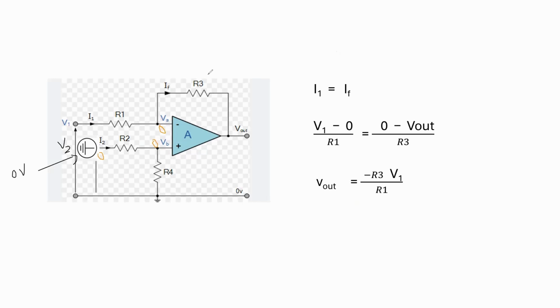As well, the voltage difference across R3 is 0 minus Vout, divided by R3. Then R3 moves to this side with a minus sign, so minus R3 divided by R1 times V1 is the equation for Vout.